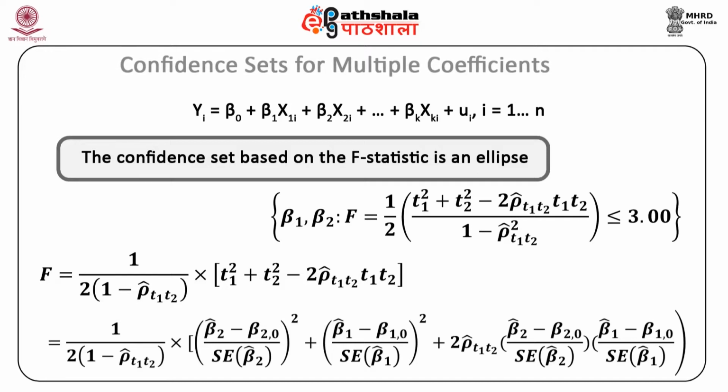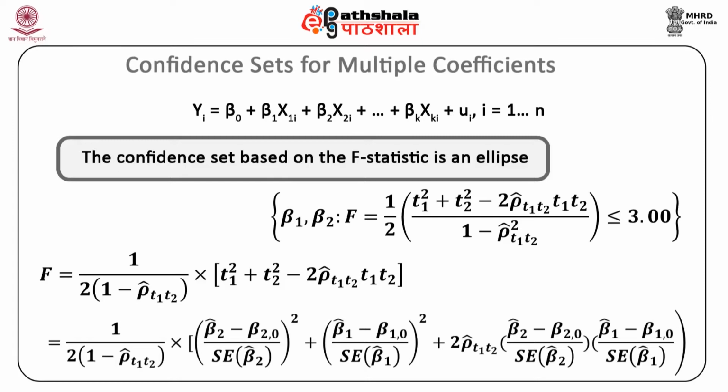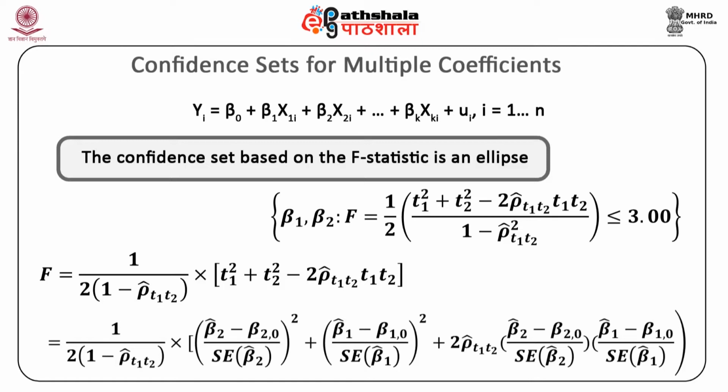It is the set of parameter values that cannot be rejected at the 5% significance level. We can find a 95% confidence set as the set of beta 1, beta 2 that cannot be rejected at the 5% level using an F test.